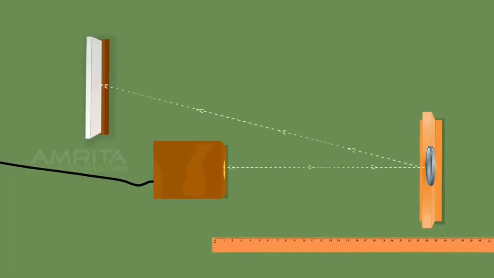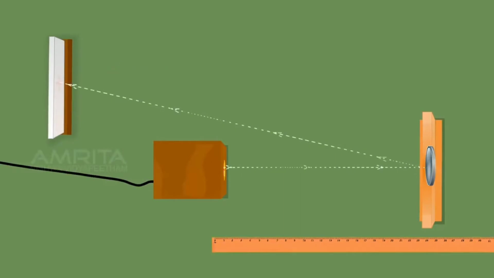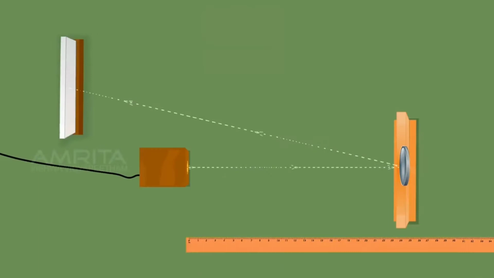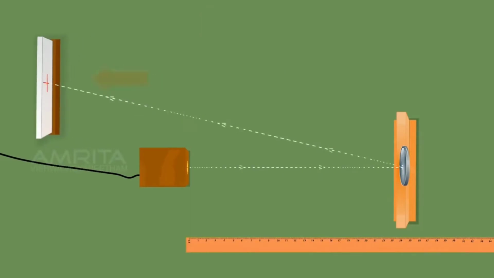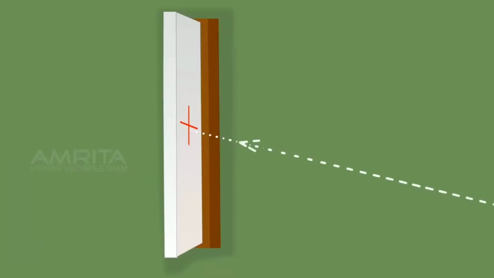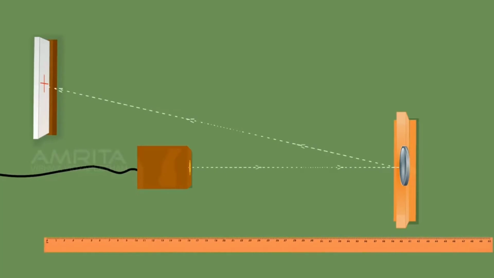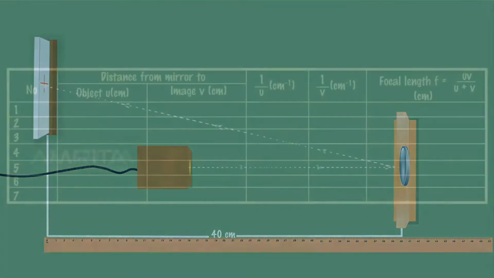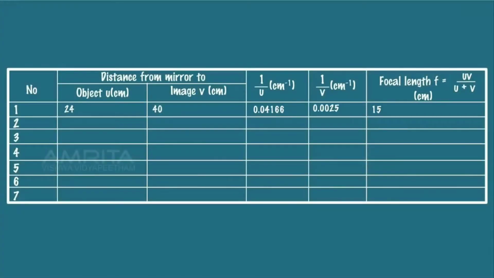You can change the screen position also. Check whenever you are getting a clear image. If you are not getting it, then change. See, here you are getting the clear illuminated image of the wire gauge from the source. So take this distance of the screen to the mirror.